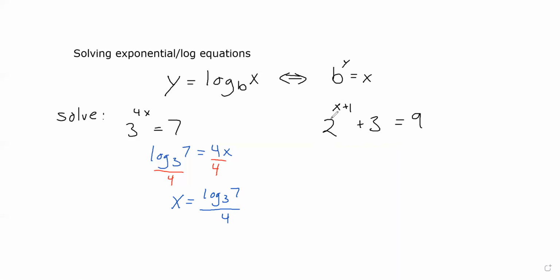I need at least that left side to be just a single exponential by itself. So the first thing I'm going to do is move this 3 by subtracting 3 from both sides. Now I have 2 to the x plus 1 equals 6. Now I have my exponential all by itself on the left.